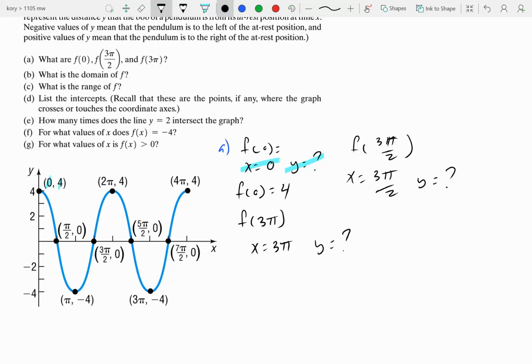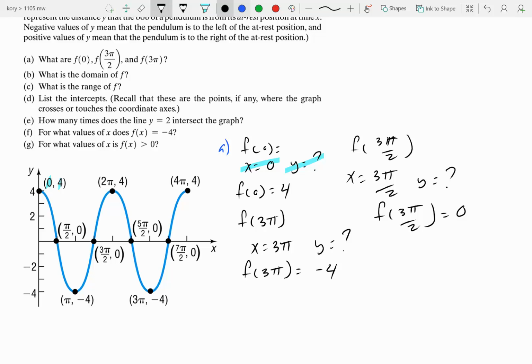Now we want to do the same thing for 3 pi over 2. So when x is 3 pi over 2, y is 0. So when we have f of 3 pi over 2, it equals 0. Now we want to look for it when x is 3 pi. So when x is 3 pi, y is negative 4. So f of 3 pi equals negative 4.